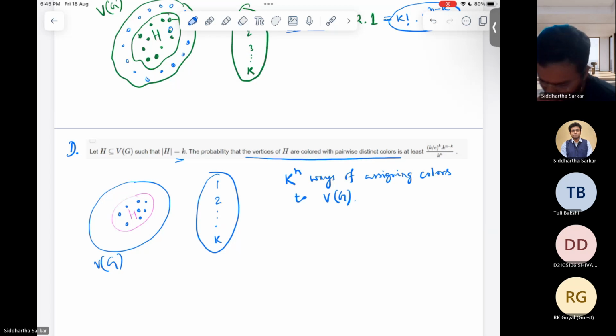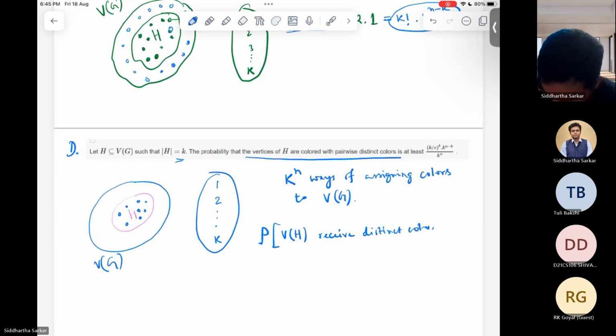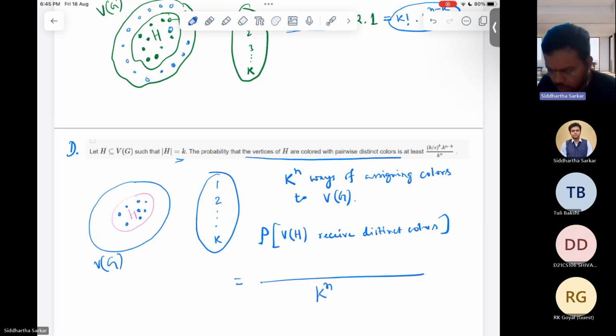Correct. So what is the probability we're calculating? We're calculating the probability that the vertices of H receive distinct colors. So in the denominator we have k to the power n because there are k to the power n possible ways in which vertices of the entire graph G can be assigned colors.